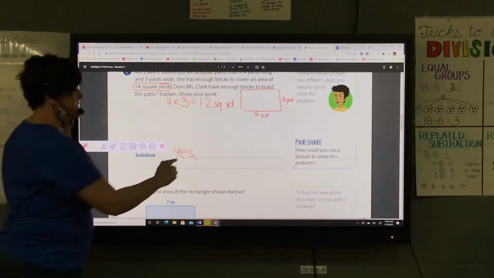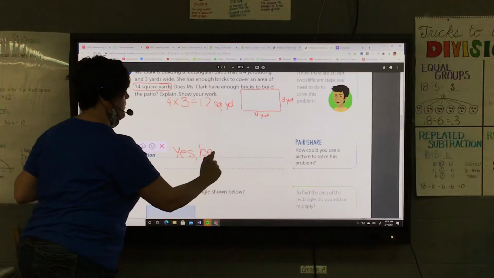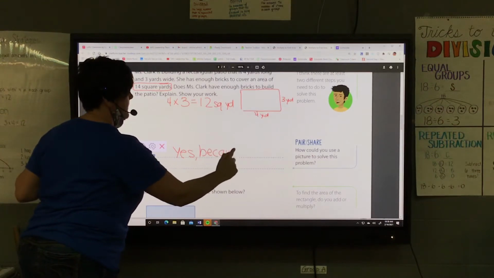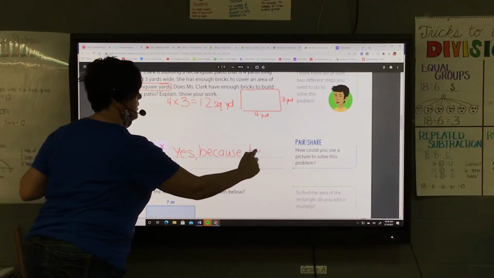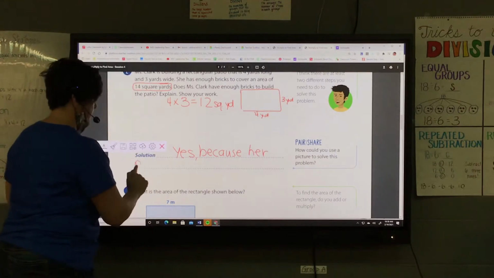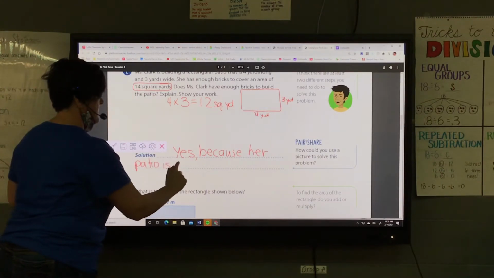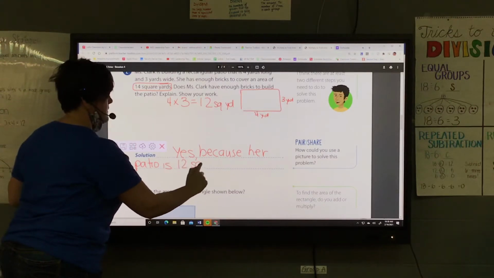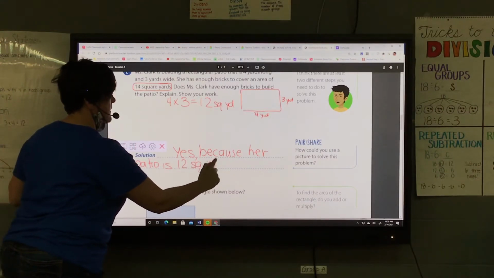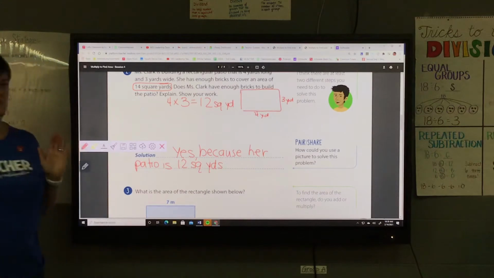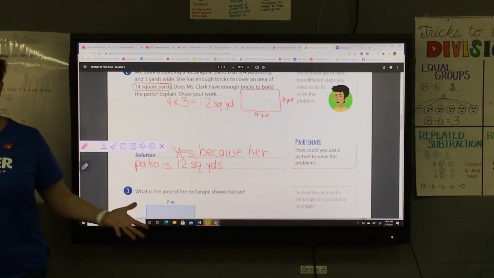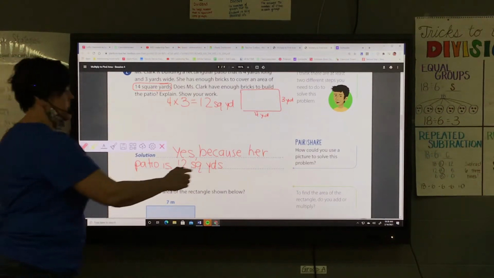Because how big is her patio going to be? 12 square yards. Because her patio is 12 square yards. And how many bricks did we say she had? 14.